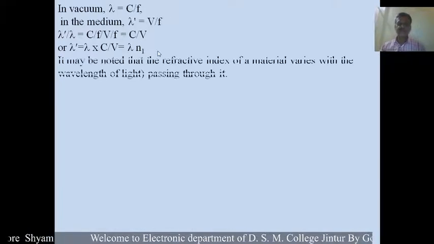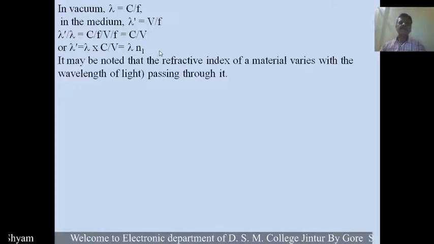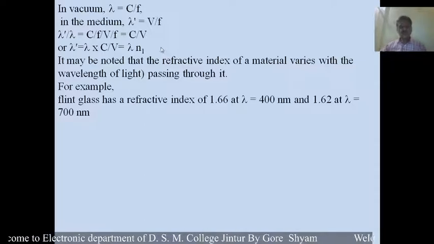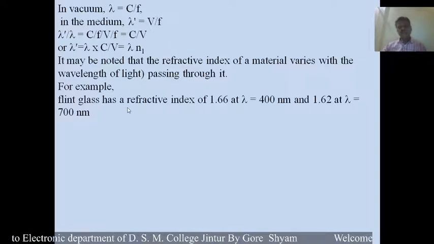Or we can write lambda dash is equal to lambda into c divided by v, and c divided by v is nothing but the refractive index, denoted by n1. So lambda dash is equal to lambda into n1. It may be noted that the refractive index of a material varies with the wavelength of light when passing through the medium.